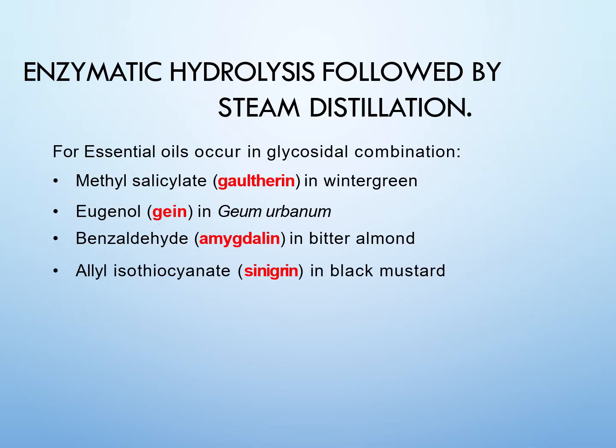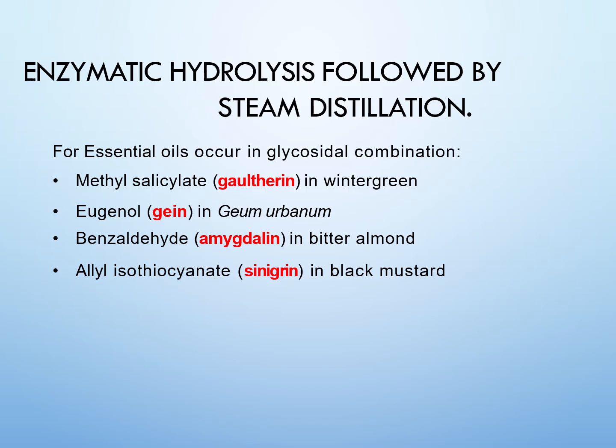In some plants, the volatile oil is found in a combined form or it may occur as glycosides. In these conditions, first we have to release the volatile component from the glycosides by means of enzymatic or water hydrolysis, followed by steam distillation to separate the volatile component.